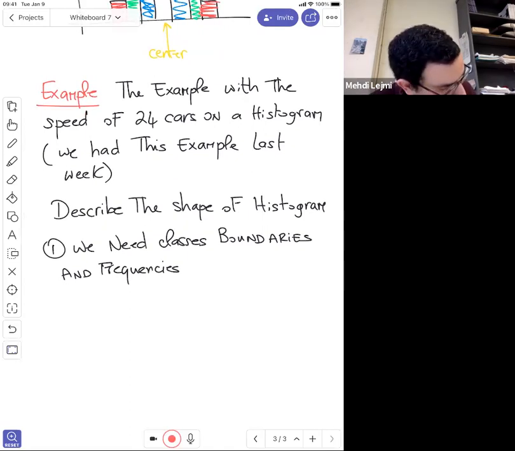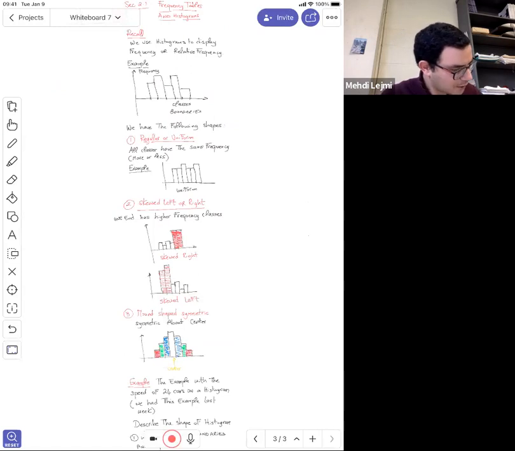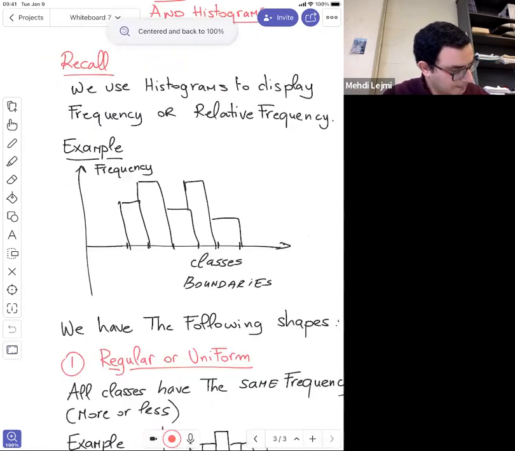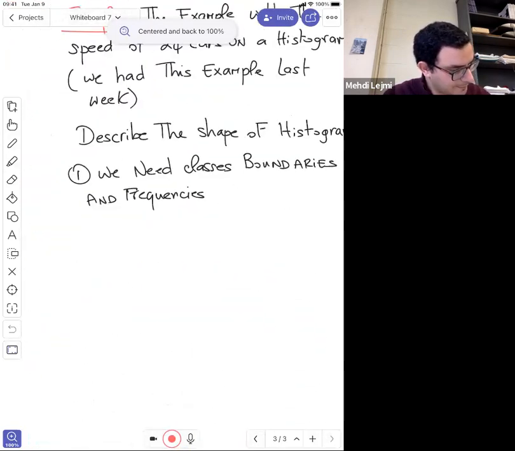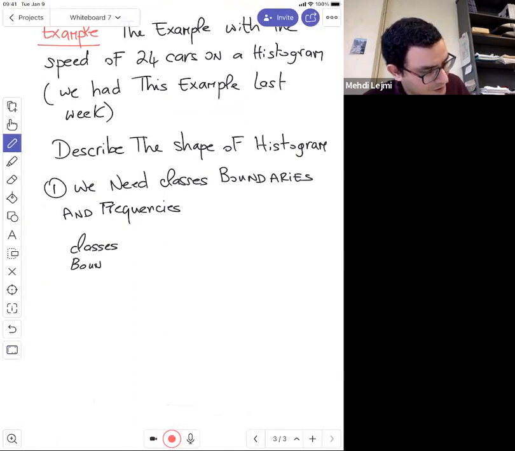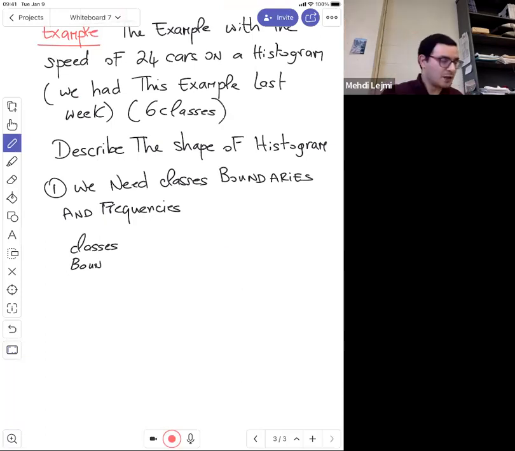So I'm going to write down the class boundaries. If you check your notes from last week, you can find all the computations.